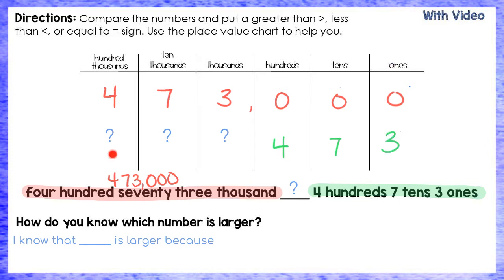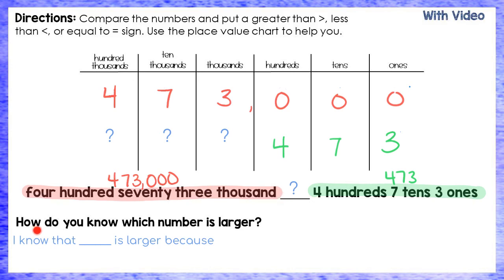Now, these 3 question marks can either be ignored or you can delete them. So which is larger? Is it 473,000 or 473? You need to put a greater than, less than, or equal to sign right here.